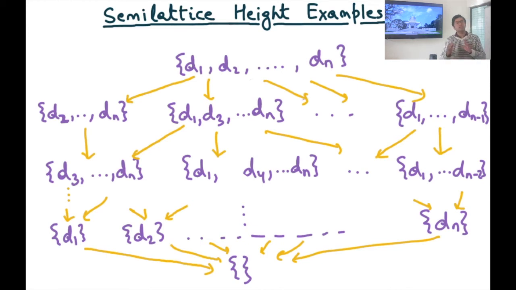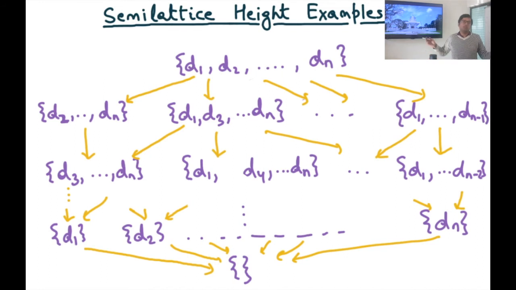Not necessarily, but if there is an edge from x1 to x2, then x2's size must be 1 less than x1's size. The converse is not true, right? So in this situation, if there's an edge, then I must have one less element. What do you think should be the maximum path length?